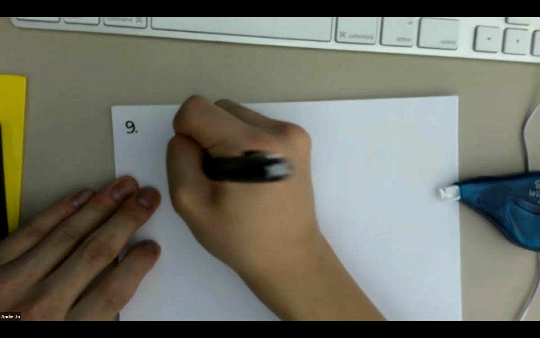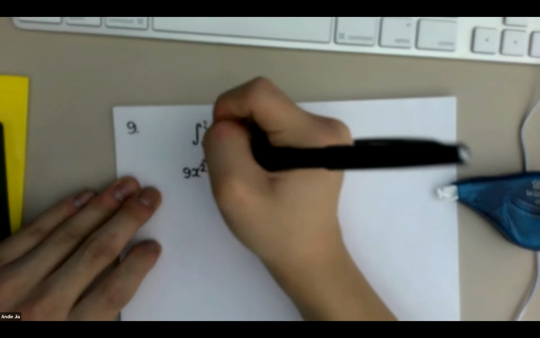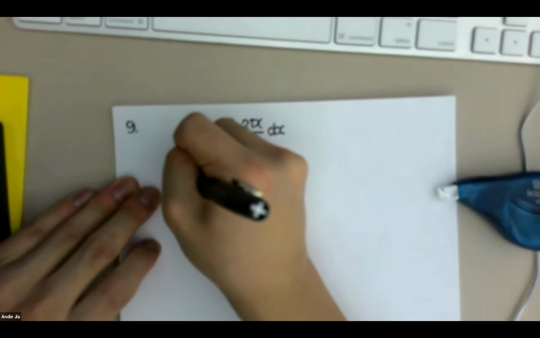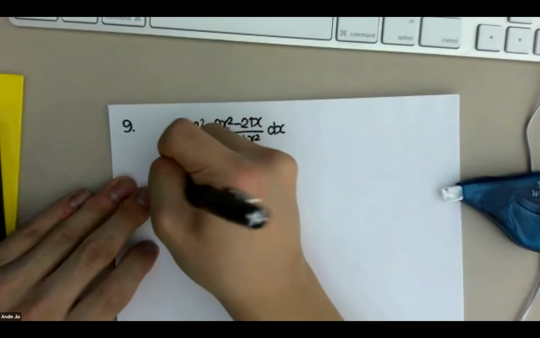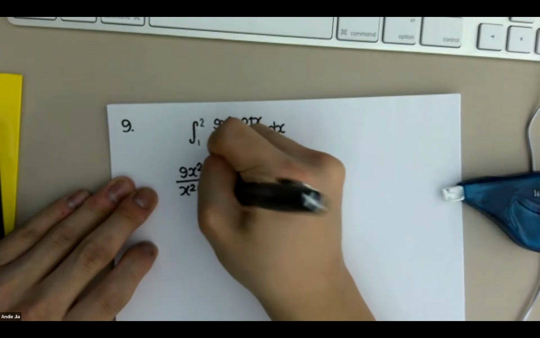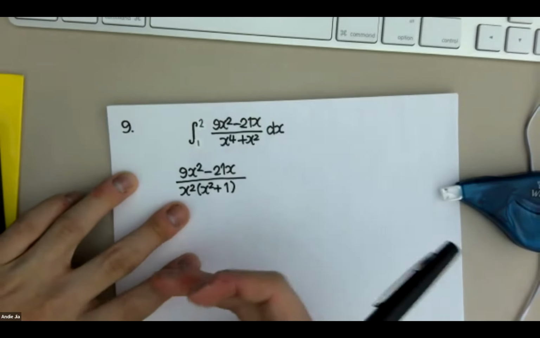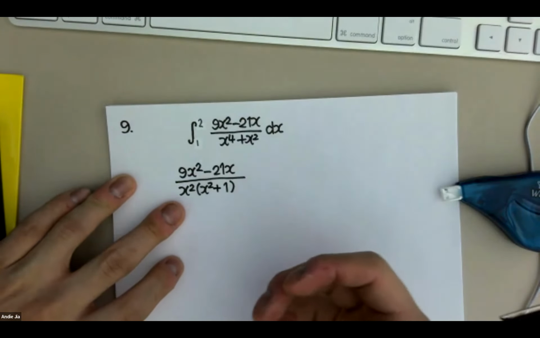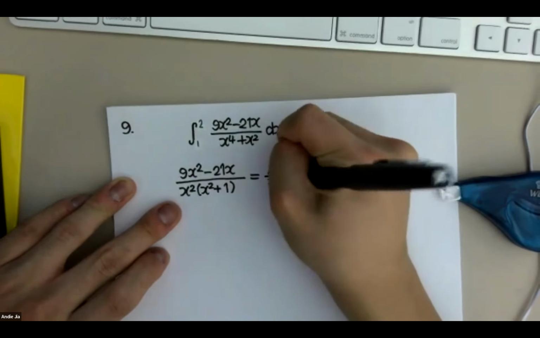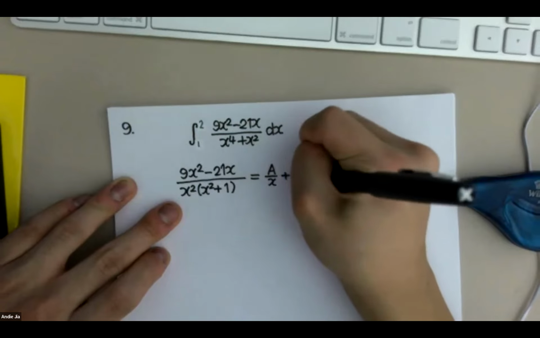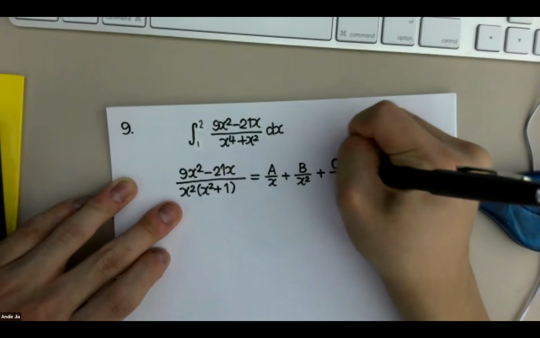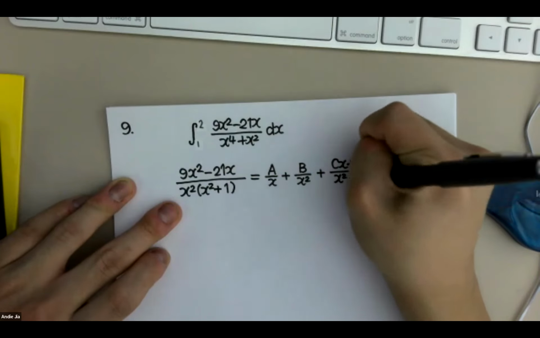And we factor the denominator. So with 9x squared minus 21x over x squared times x squared plus 1, this is a repeated linear factor and an irreducible quadratic. So we have A over x plus B over x squared plus Cx plus D over x squared plus 1.